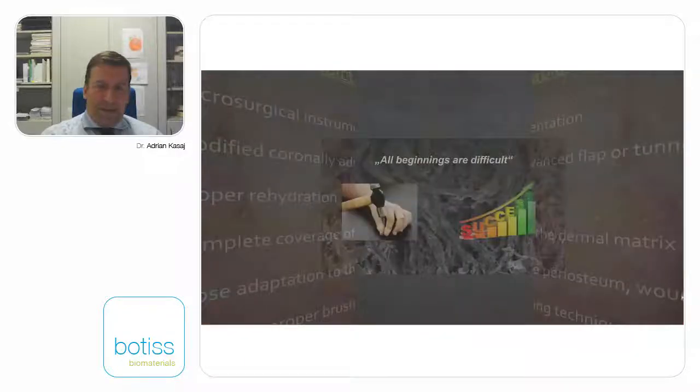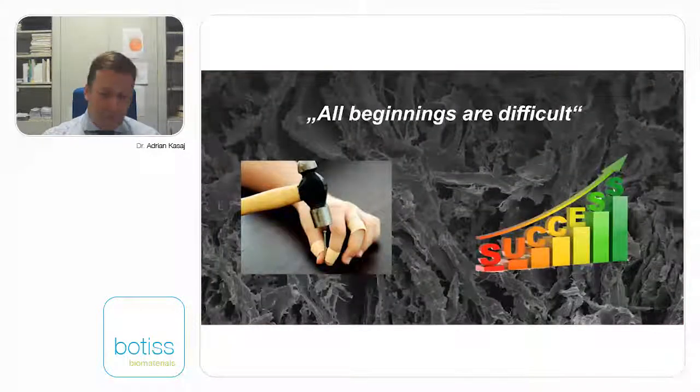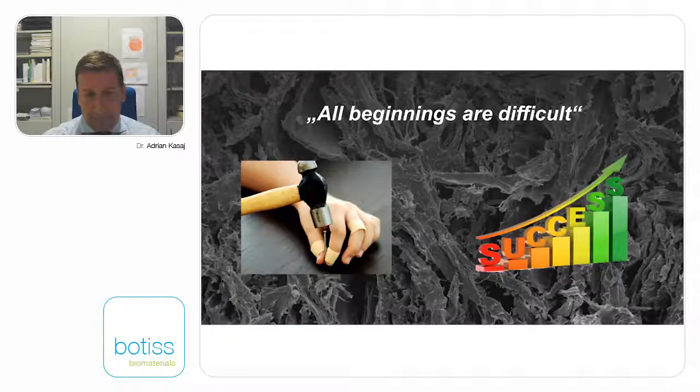So it's definitely technique sensitive to work with the acellular dermal matrices. You don't have the forgiving effect that you have with the autogenous connective tissue grafts. So you will definitely experience a learning curve when working with the soft tissue substitutes.